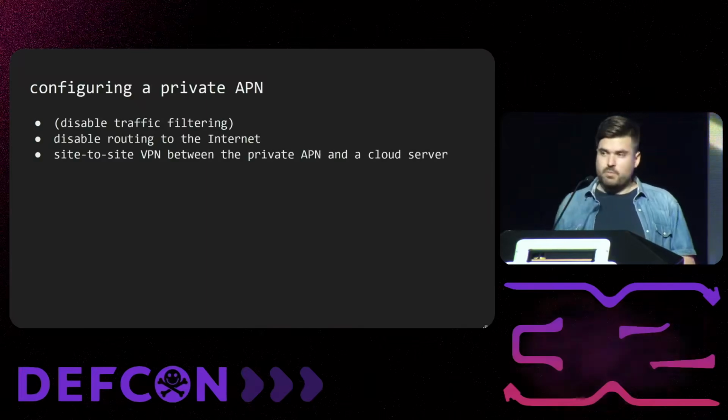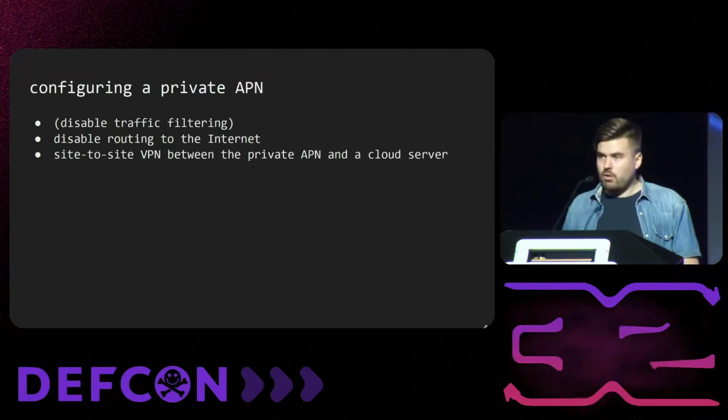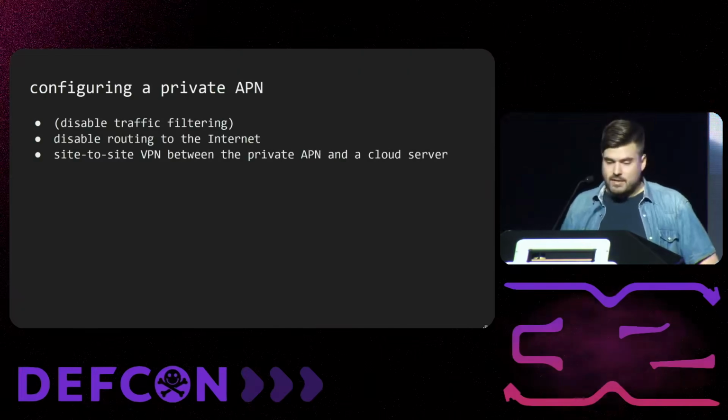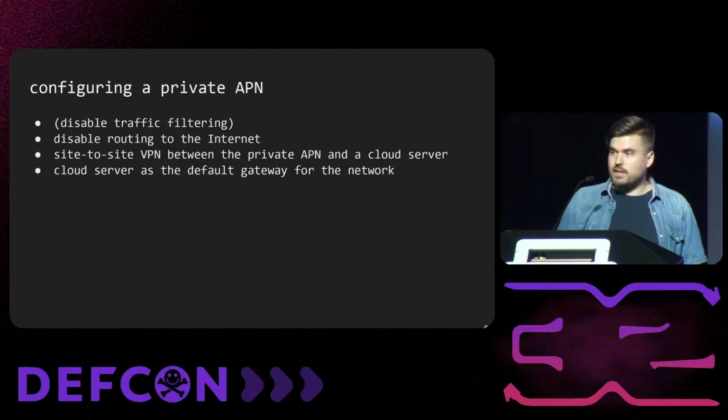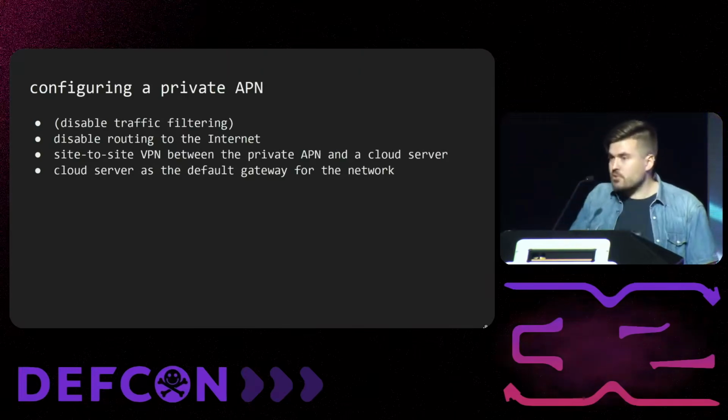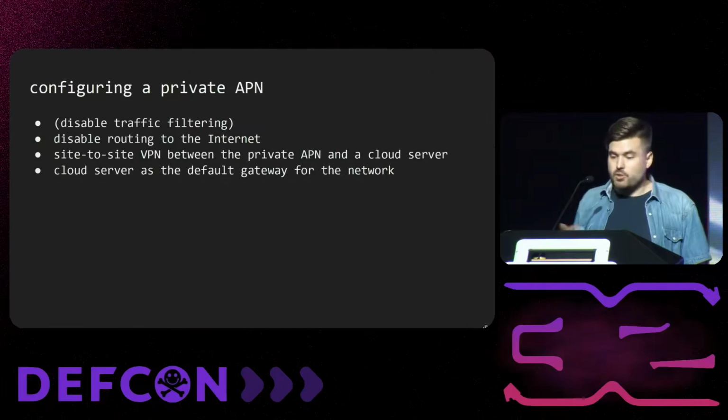We could do a bunch of these things inside the private APN, but I like to be in control of what I do and have command line access to the server where the data is. Once we have the tunnel, we can set our cloud server as the default gateway for the network. That basically means that all the data from the SIM cards first goes to the private APN, and then it's shoved through the VPN tunnel into our cloud server. This basically means that the SIM card data is now on our cloud server.